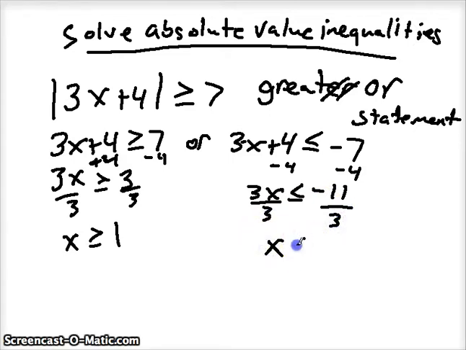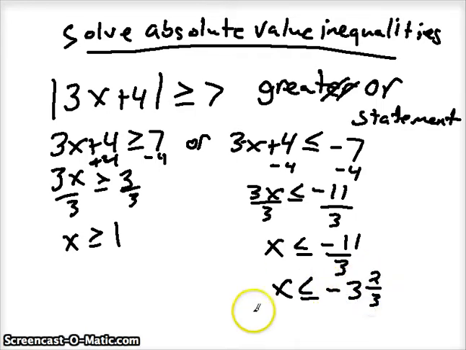So we get x is less than or equal to negative 11 over 3. Or we could say x is less than or equal to negative 3 2/3. That might help us graph it a little better. So it's either x is greater than or equal to 1, or it's less than or equal to negative 3 2/3.